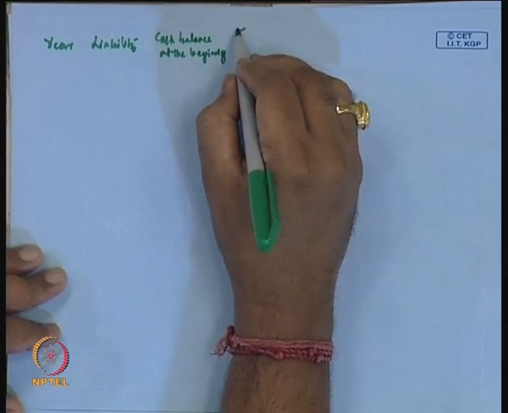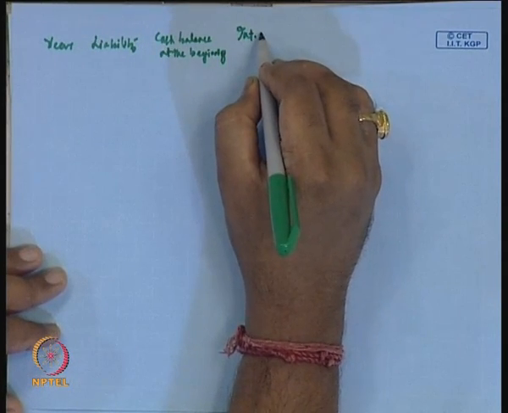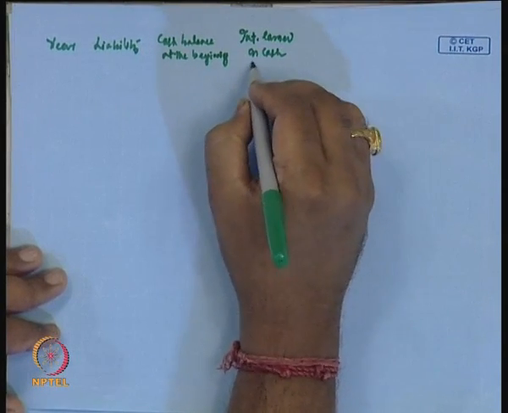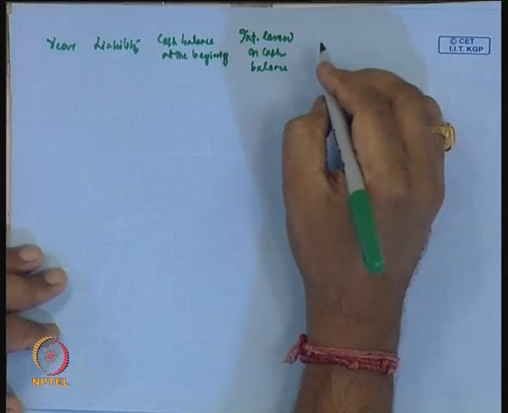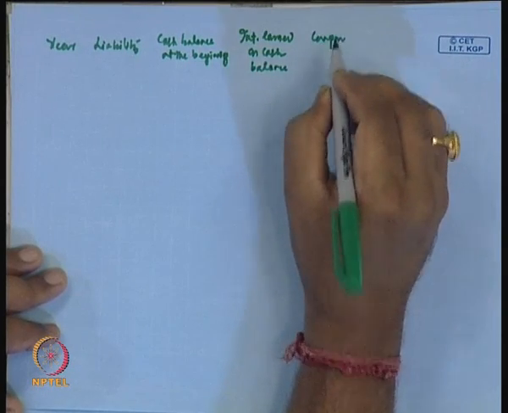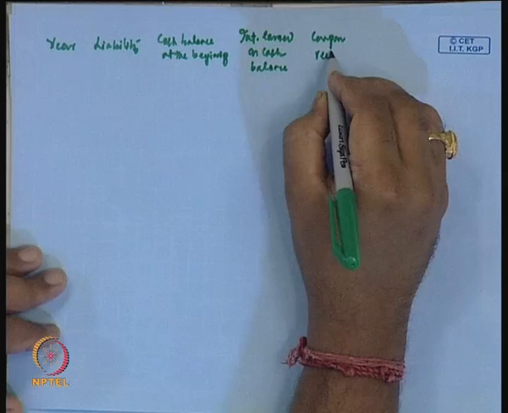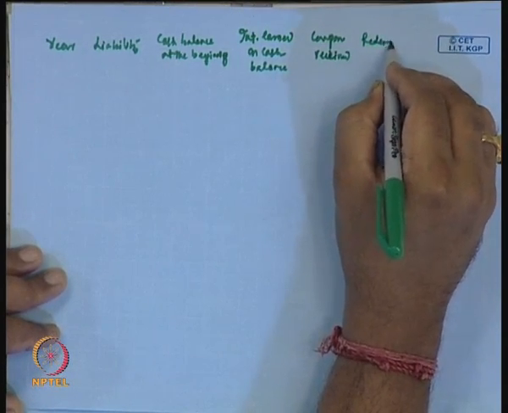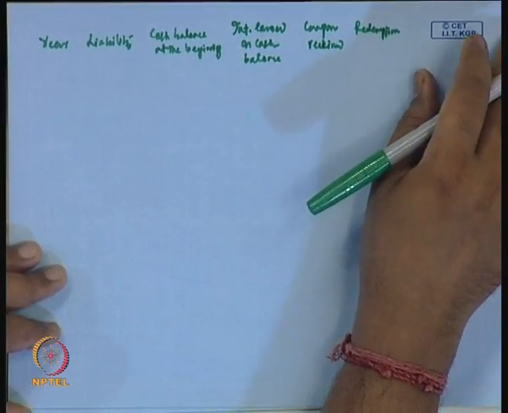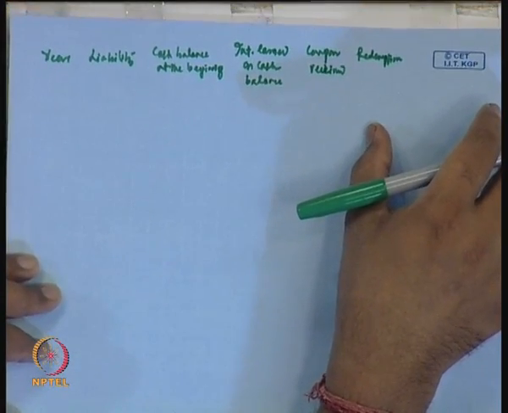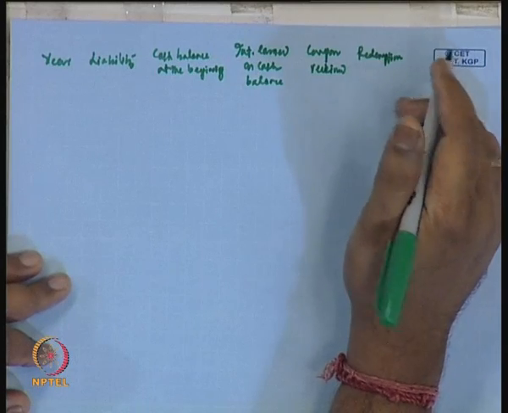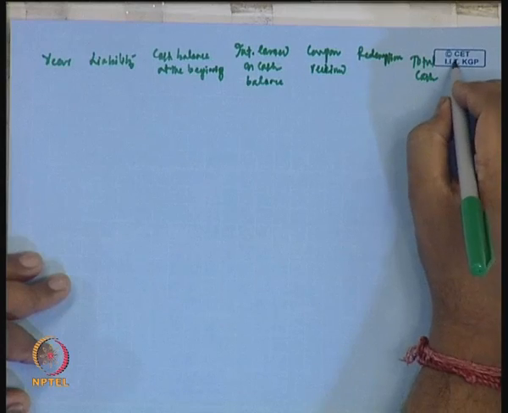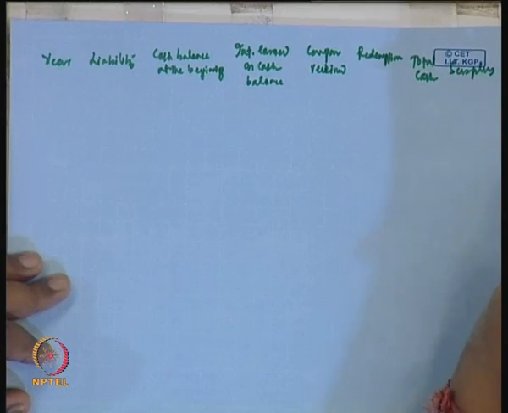Then the interest earned on the cash balance, then the coupon received, then you have the redemption, then the total cash available with you, and then the surplus or the deficit at the end.